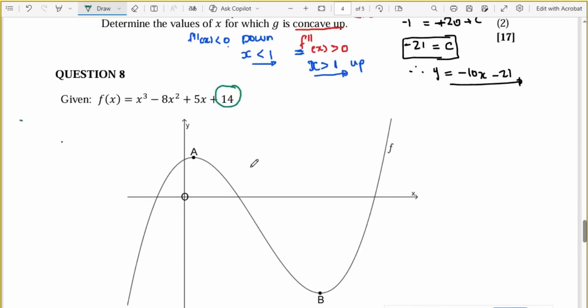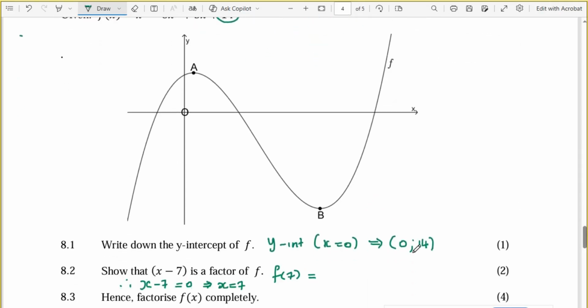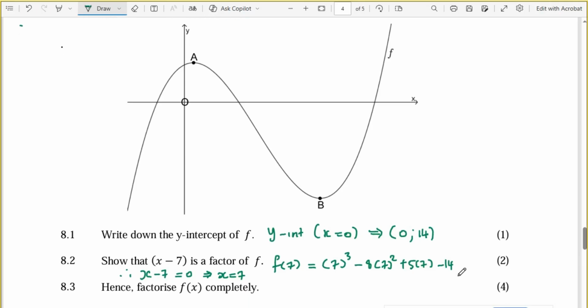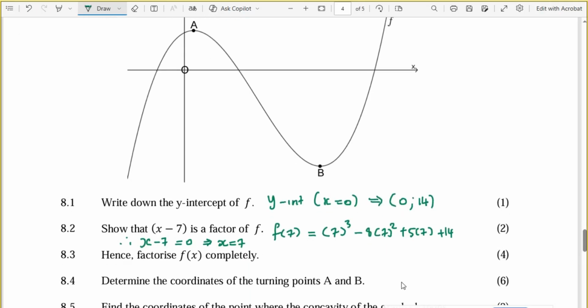So on the original equation, when I substitute 7, I should get an answer of 0. So from f of x, this is 7 to the power 3, then minus 8 into 7 squared, then plus 5 times 7, plus 14. If you get 0 here, then x minus 7 is a factor. Therefore f at 7 should give you 0.